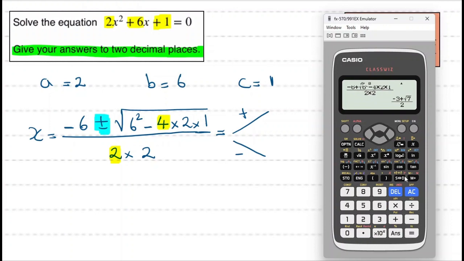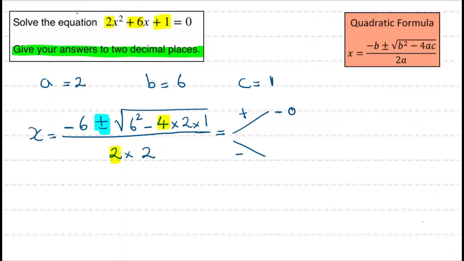We press the equal button, it gives us the answer as a fraction, but then we can change it into decimal by pressing the S to D button. So that gives us the answer in decimal, which is minus 0.177..., and then we round it to 2 decimal places as the question wants, which will be minus 0.18.